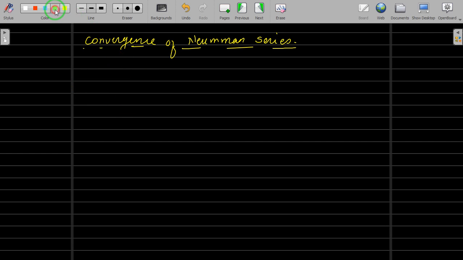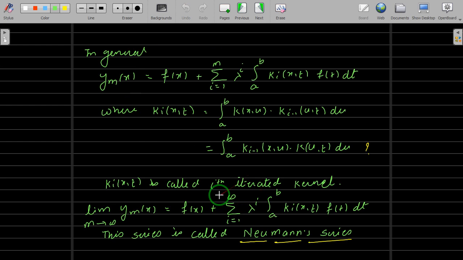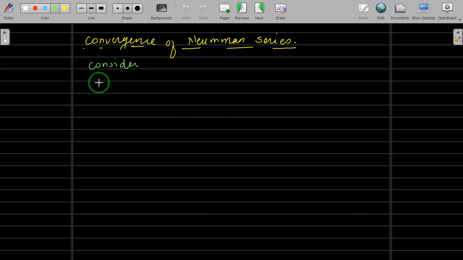You just see this. Now you consider this: the mod of the integral from a to b of km(x comma t) f(t) dt, the whole square. Now you can use some inequalities which we will study in functional analysis, or you might have already studied in your linear algebra.